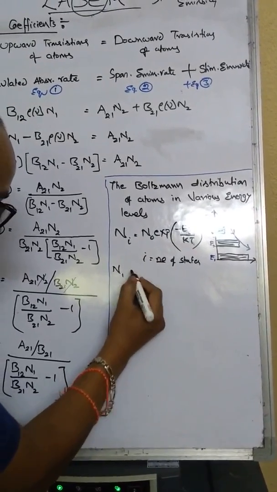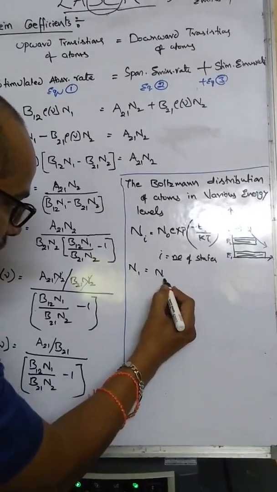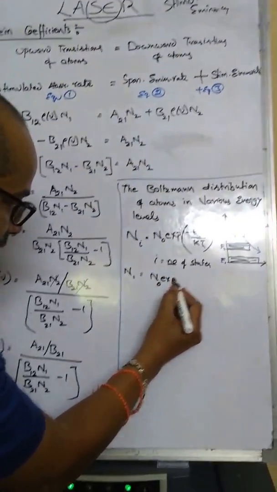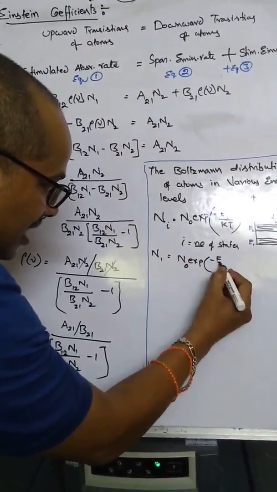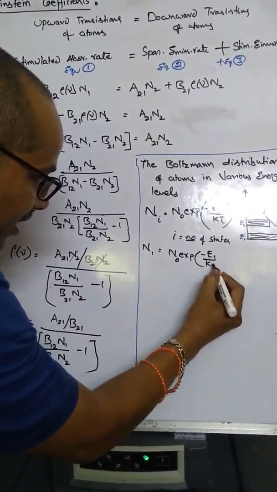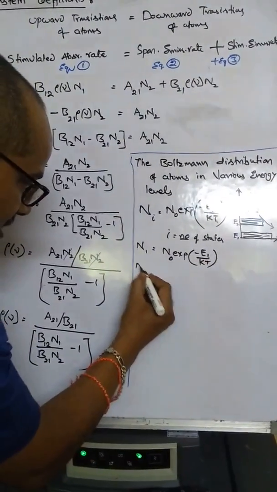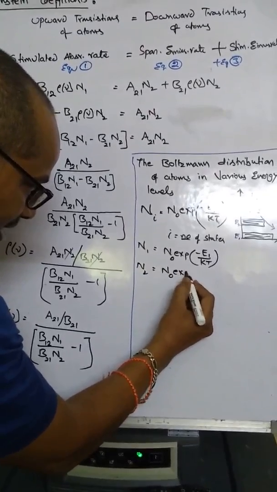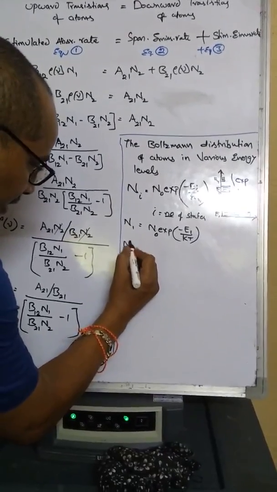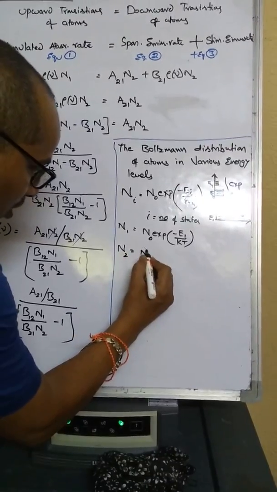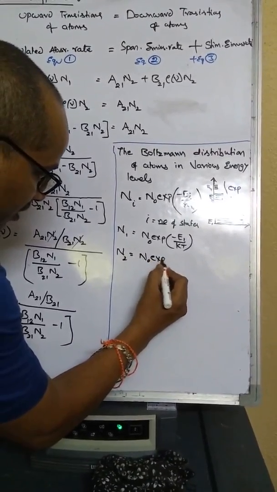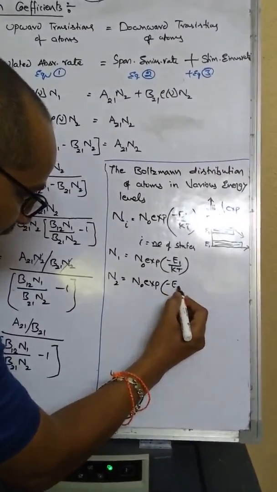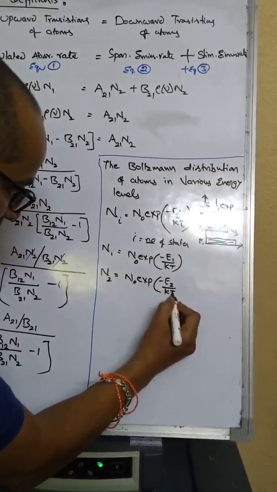If i is equal to 1, therefore N1 is equal to N0 exponential minus E1 by kT. Similarly, N2 is equal to N0 exponential minus E2 by kT.